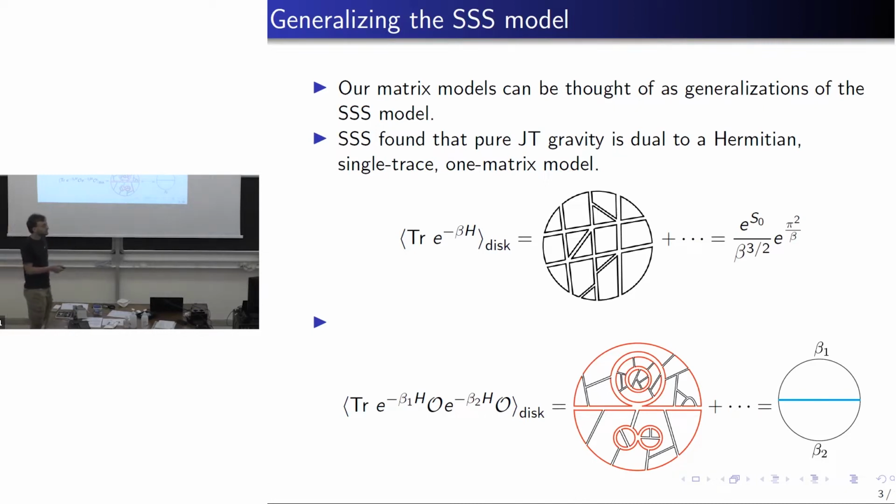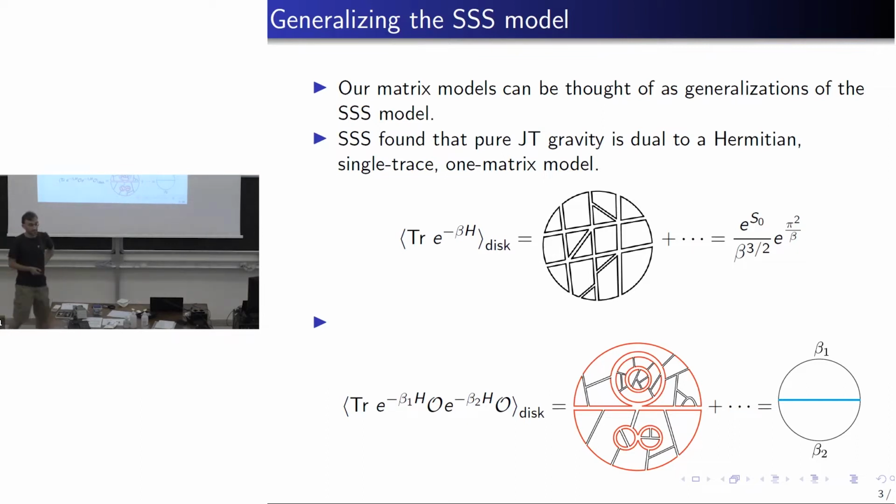Now that we have two matrices, when we write down our 't Hooft diagrams, we have to use two different colors. Here a red double line refers to the propagator of the O matrix, a black double line refers to the propagator of the H matrix. And again, we have to sum over all planar graphs. This is an example of one of the infinitely many planar graphs that we have to consider.